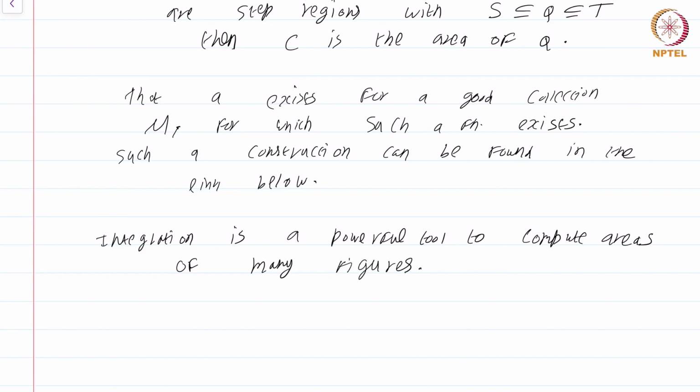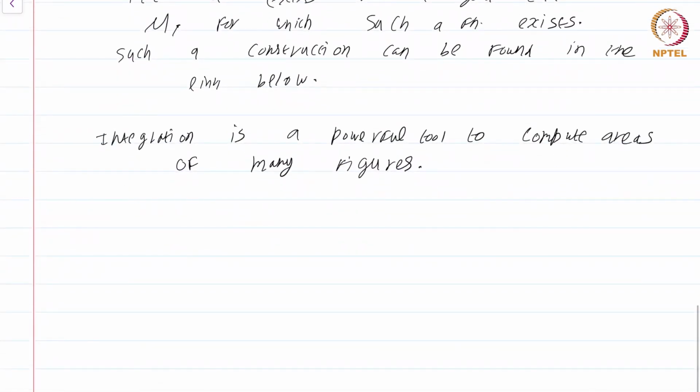So in the coming modules, we will go through the construction of the Riemann integral in quite detail. The question also arises that this integration is supposed to be the reverse of differentiation. In fact, when you learn integration in school, at least when I learnt integration in school, I was not defined the Riemann integral at first.